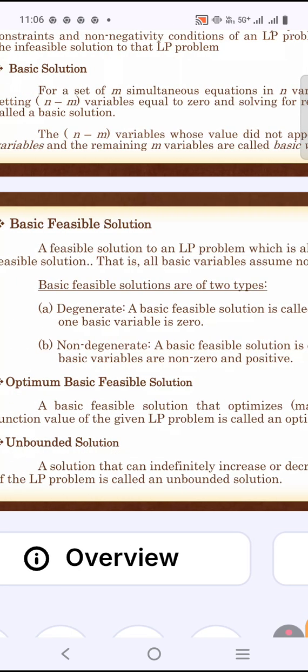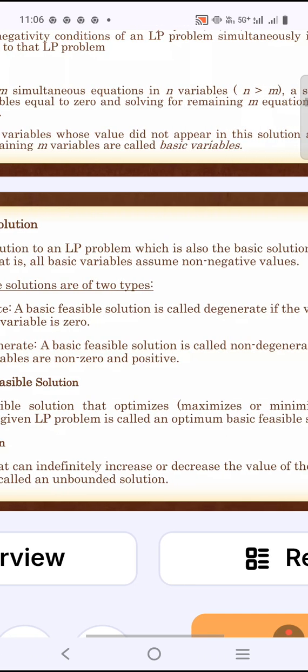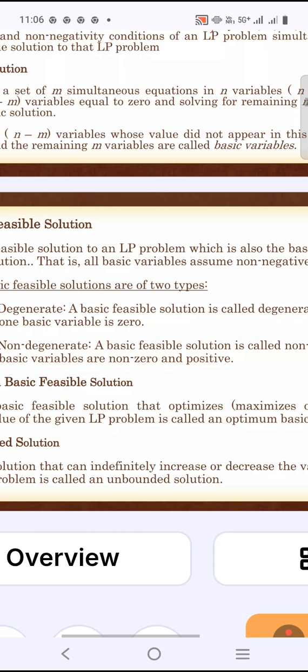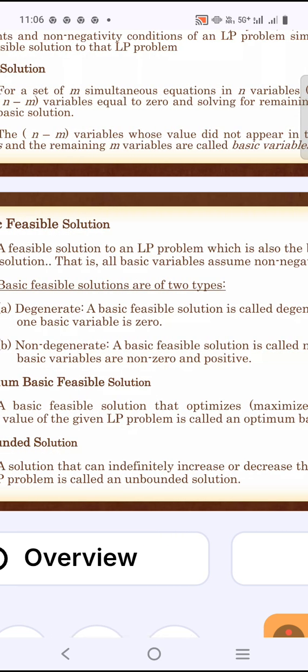Basic feasible solutions are of two types: first degenerate, and second non-degenerate. A basic feasible solution is called degenerate if the value of at least one basic variable is 0.